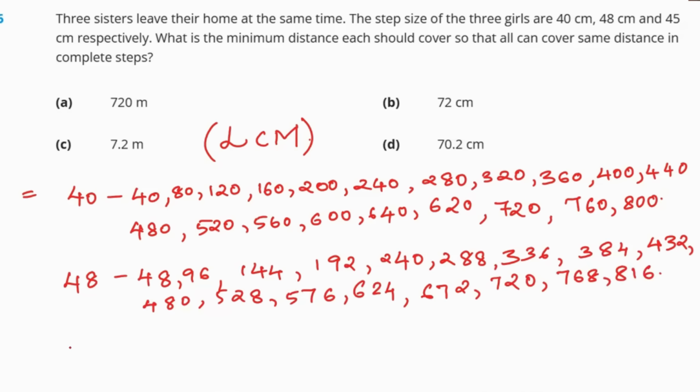And next, we have to find out the multiples of 45. Okay, 45, 90, 135, 45 into 3.